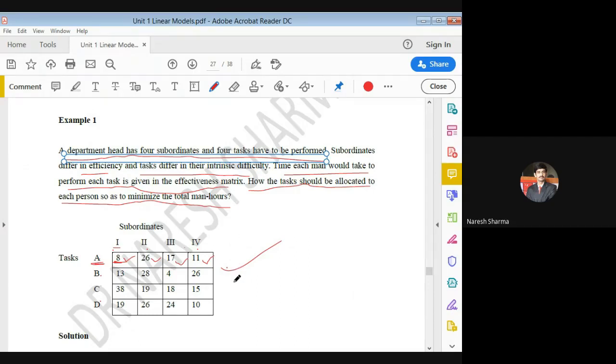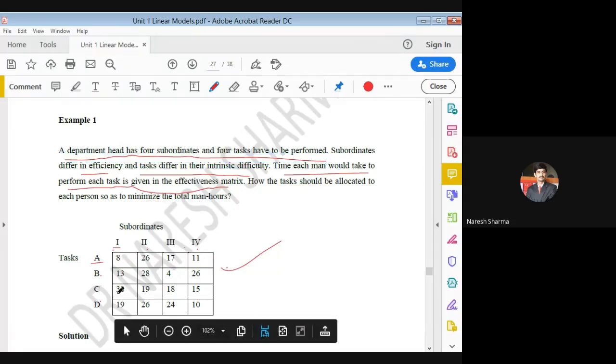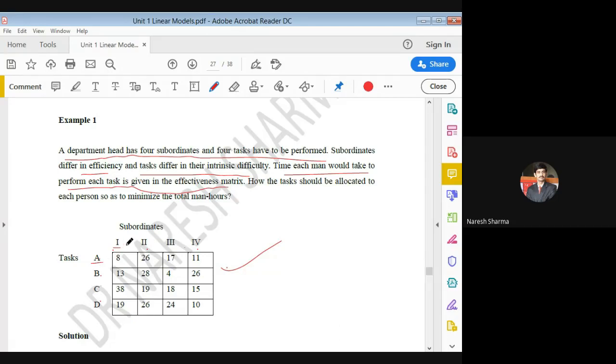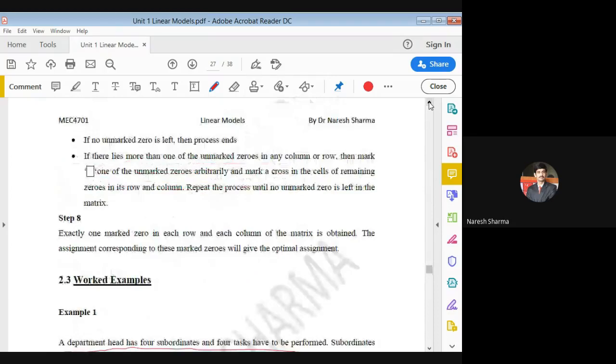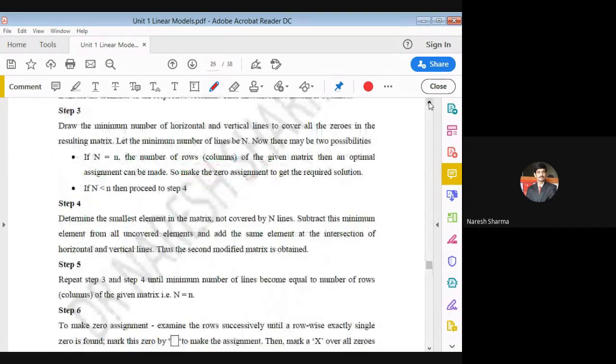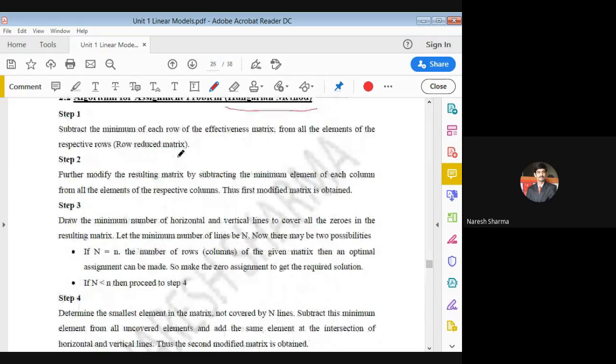Here these hours are given to us, so we allocate in such a way that each task is given to one person only. One person, one task only. So what does the Hungarian algorithm say? Let us read a few of the steps, then we can proceed with the problem. It says subtract the minimum of each row of the effectiveness matrix.